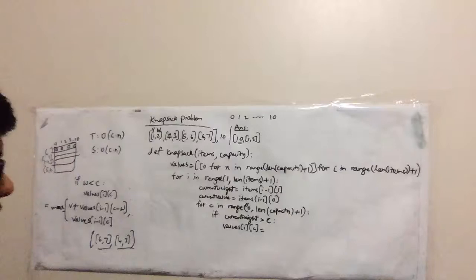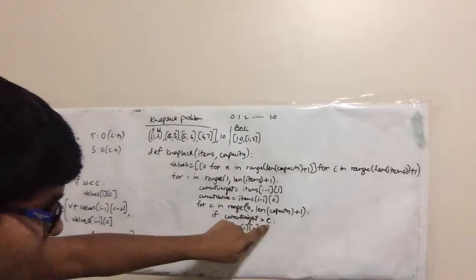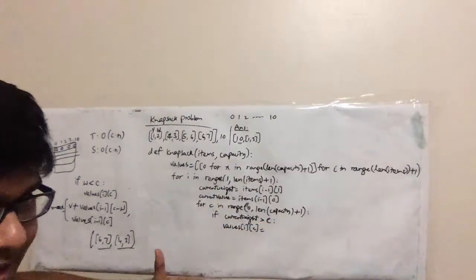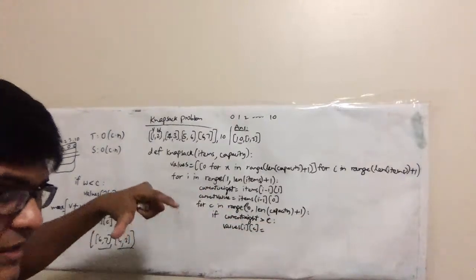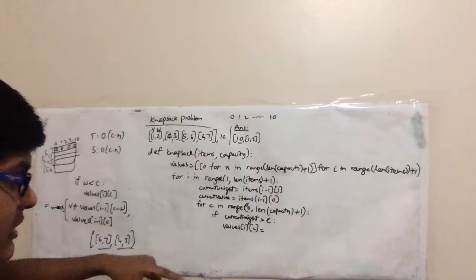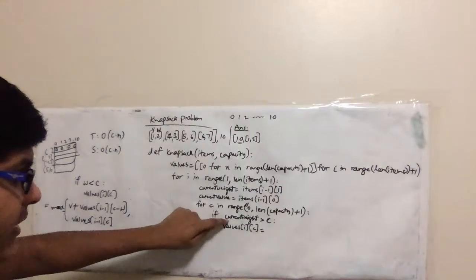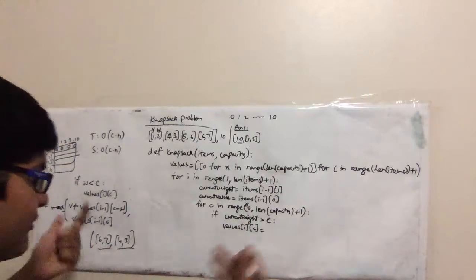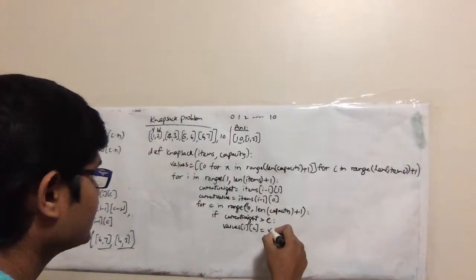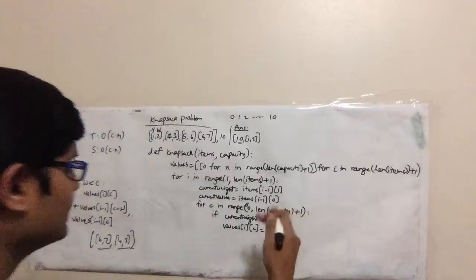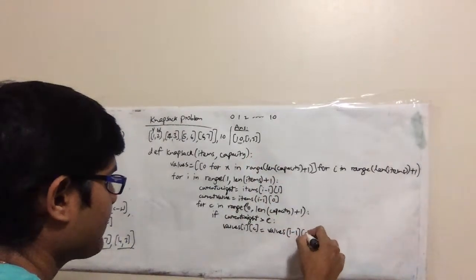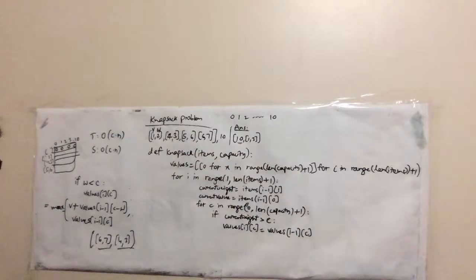So if the current weight is greater than the capacity, what does this mean? If the capacity is less, we can't even put that weight in that bag. So what we will just do, as we talk, we will just put whatever present in the top row in the same column.